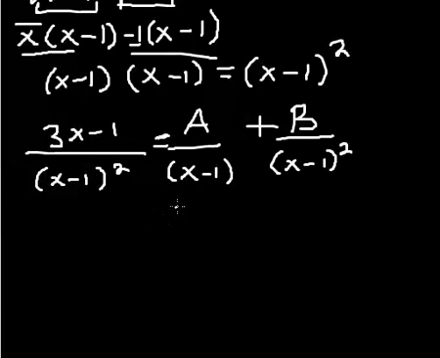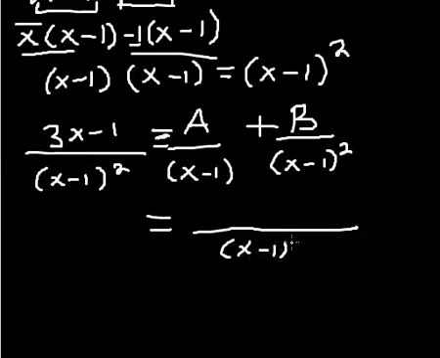If I'm resolving this, you know what we do. This is equivalent to this. The LCM of the denominator is x minus 1 squared. So I start dividing x minus 1 squared by x minus 1.